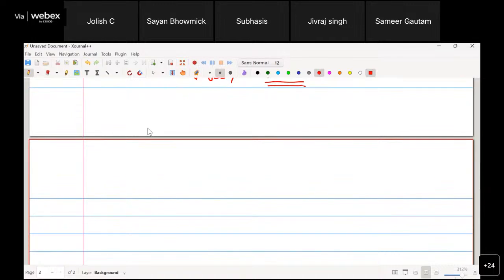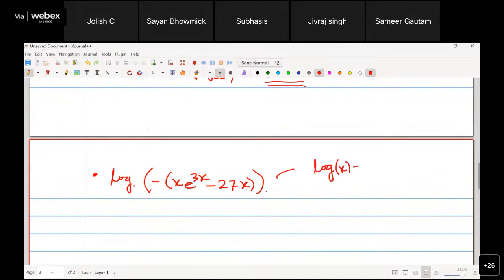Okay, so we want to study the domain of this function. I know that log of x is defined if and only if x is greater than 0, right?